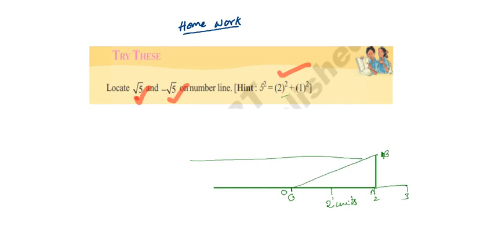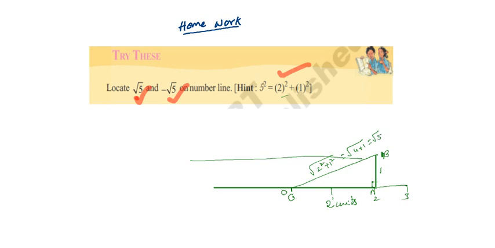This is 90 degrees because we put a right angle triangle here. AB is 1 unit, OA is 2 units. What do you say about OB? OB is the square root of 2 square plus 1 square as per Pythagoras. That means 2 square means 4, 1 square means 1. That gives us root 5.